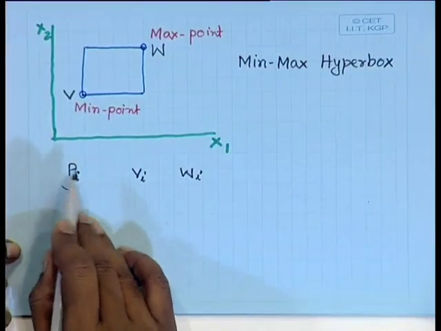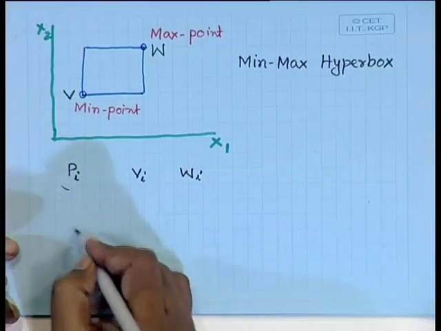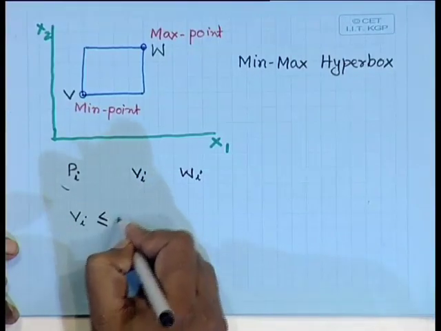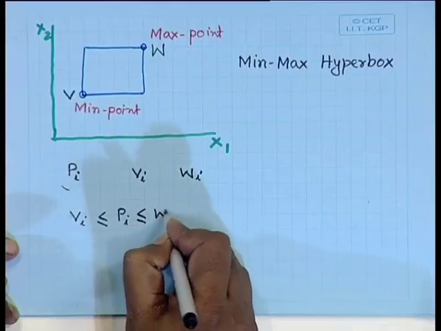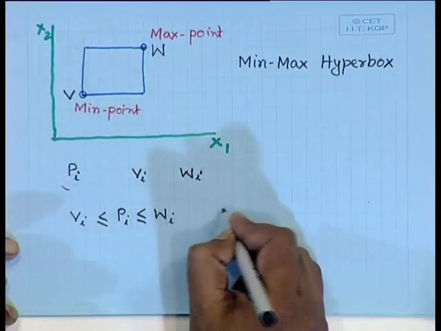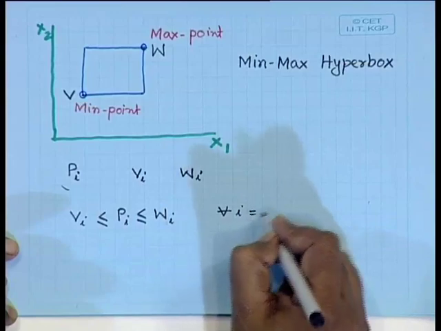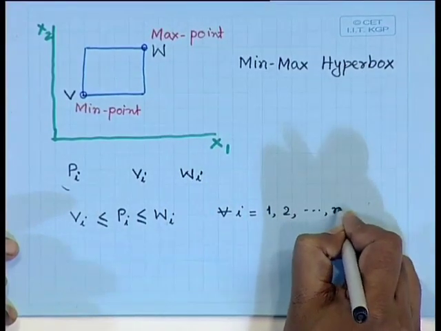So, if this unknown feature vector P has to lie within this min max hyperbox, then obviously I have to have the condition that V_i has to be less than or equal to P_i, which has to be less than or equal to W_i. Okay. And this has to be true for all i varying from 1, 2 up to n.